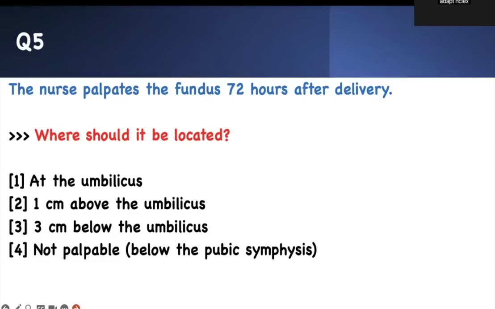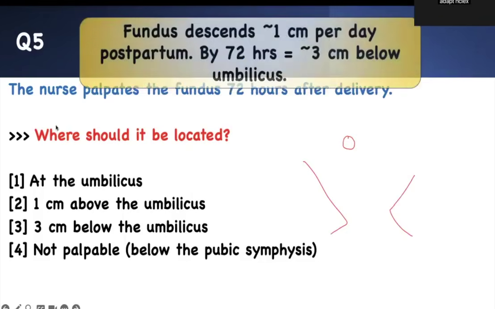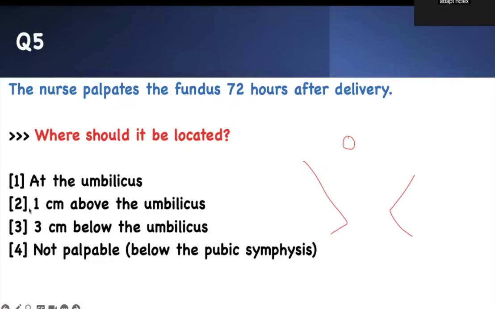The key concept after delivery: the fundus is supposed to descend what? 1 centimeter each day. And therefore, if this is the umbilicus, which is at what? 20 centimeters, and the pubic symphysis at 12, every day it is supposed to come down 1 centimeter.